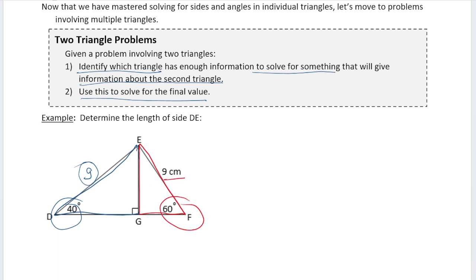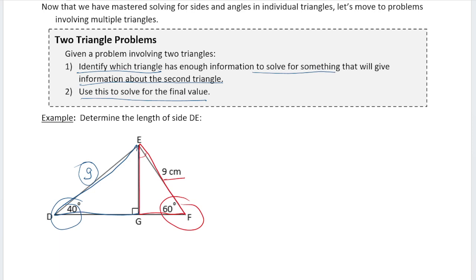Now the question doesn't tell us what we have to do, so we have to think about it. We have 2 pieces of information in this red triangle, so we can solve for anything else in here. We can solve for that angle, or this side, or this side. We've got options. But we don't want to just do it at random. We want to think about what information we want.